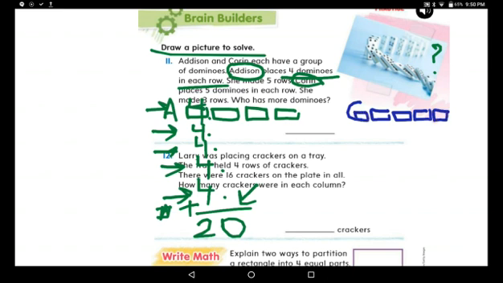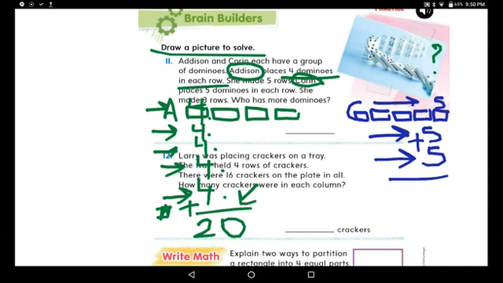So here 5 for the first row. How many rows? 3 rows. So row 1, row 2, 5, and row 3 also 5. Now, if Corin added her dominoes, 5 plus 5, 10. 10 plus 5 is equal to 15. So when she adds them together, she will have 15 dominoes.